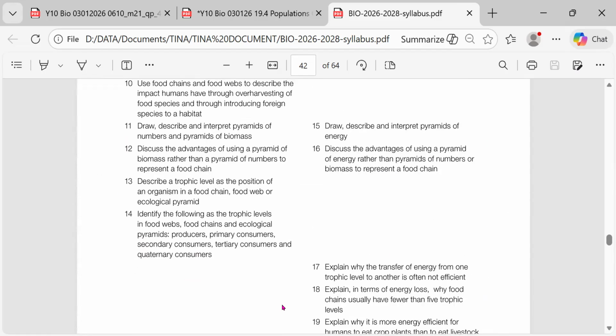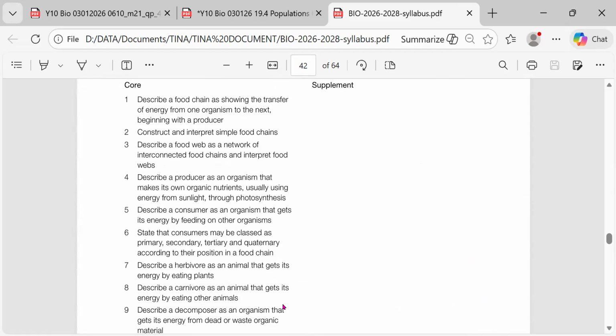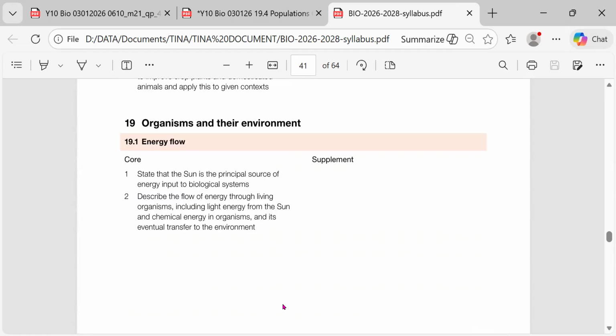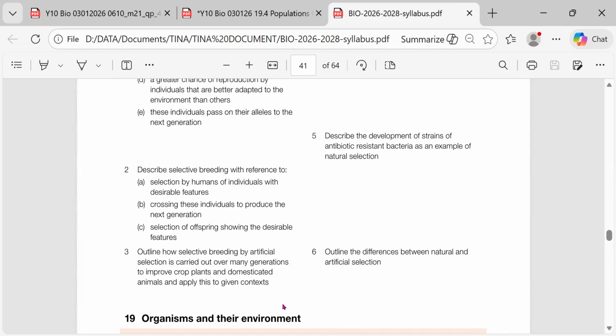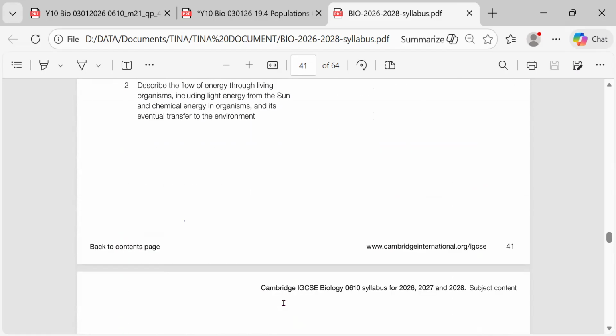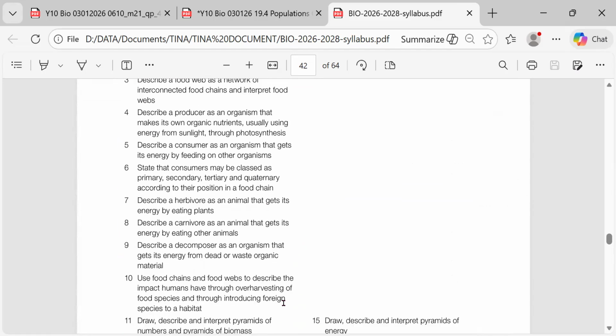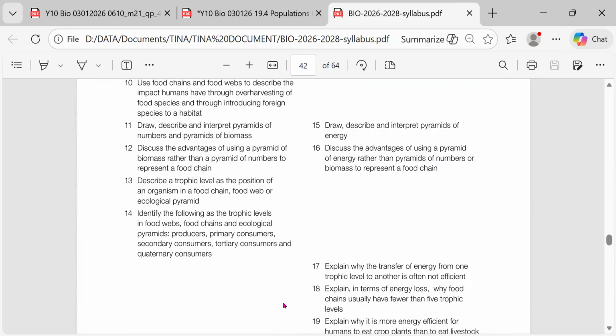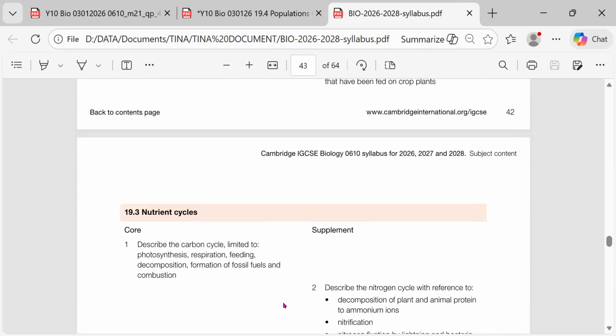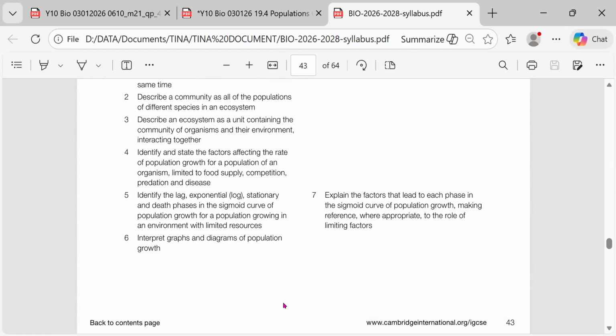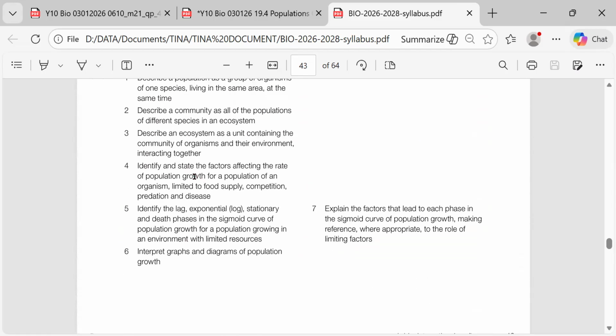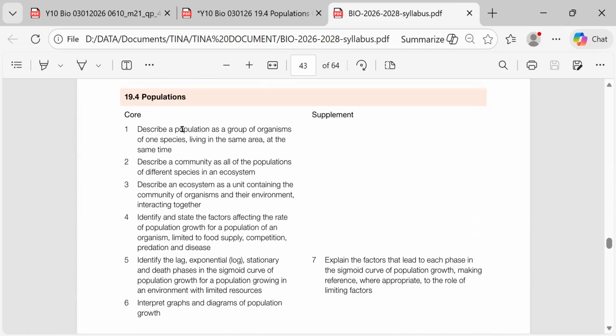Population is a group of organisms of one species living in the same area at the same time. Yes, a group of organisms of the same species living in the same area at the same time. So these definitions you must remember.